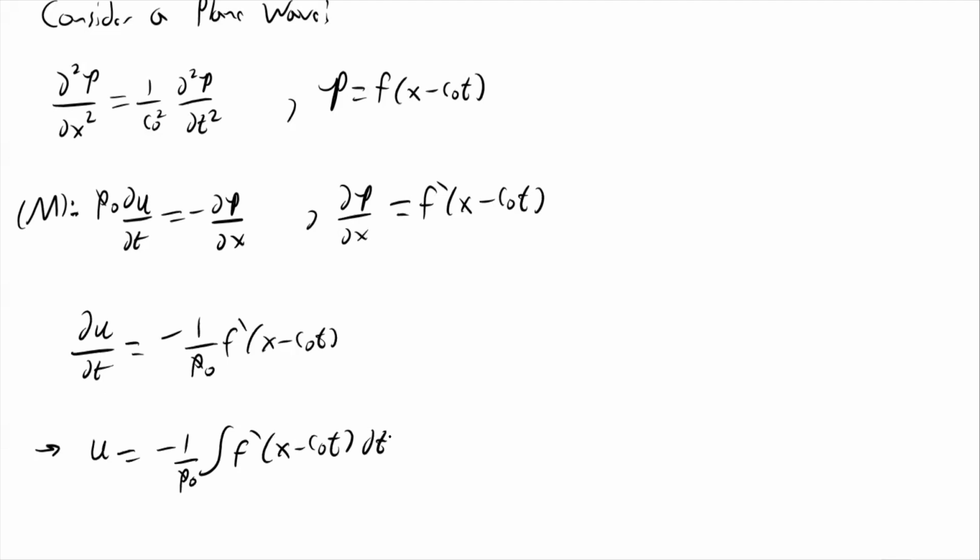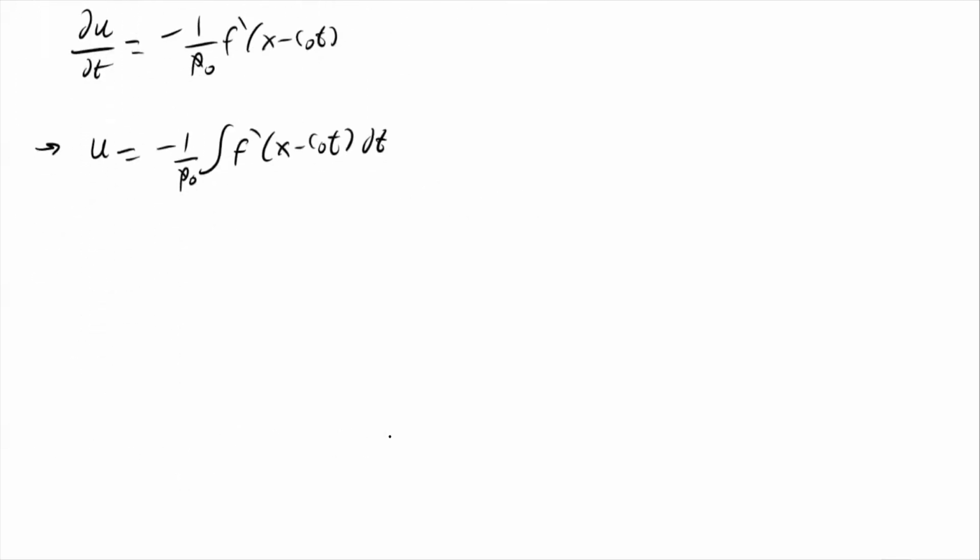Now, this is a pretty easy integral, but let q be equal to x minus c naught t. Therefore, dq is equal to negative c naught dt.